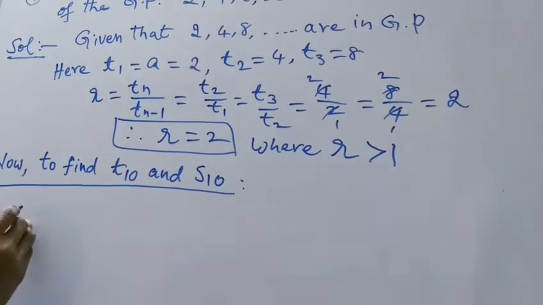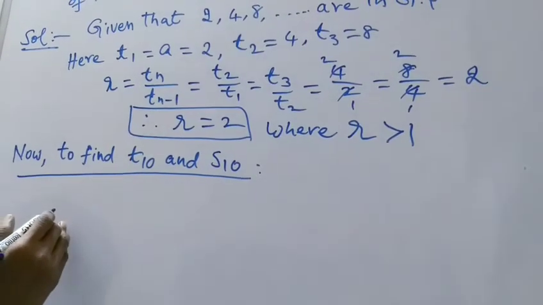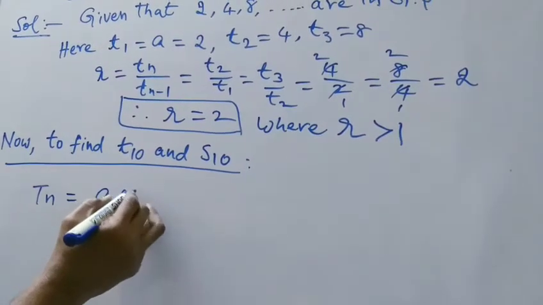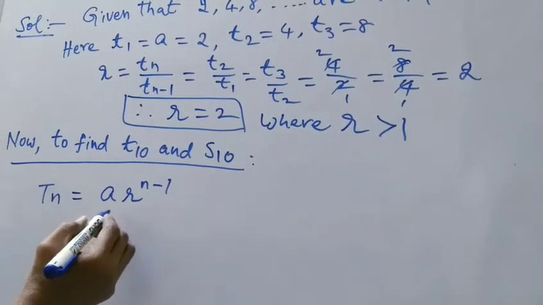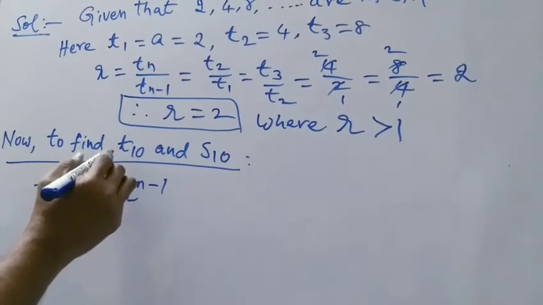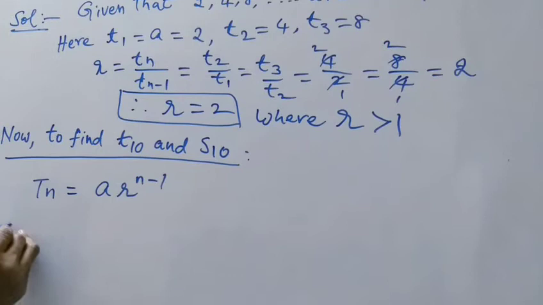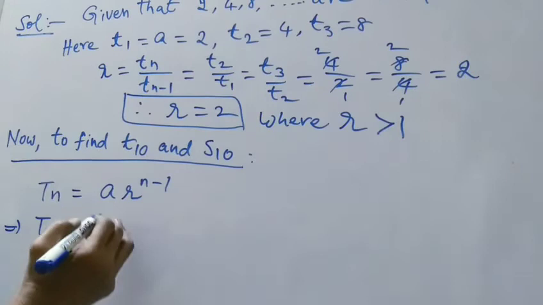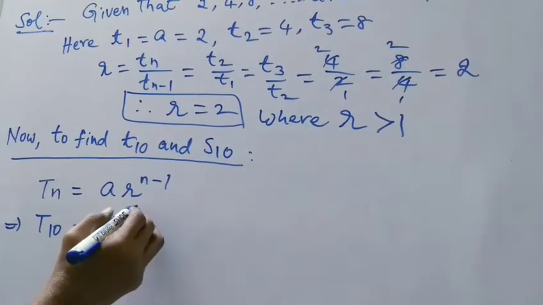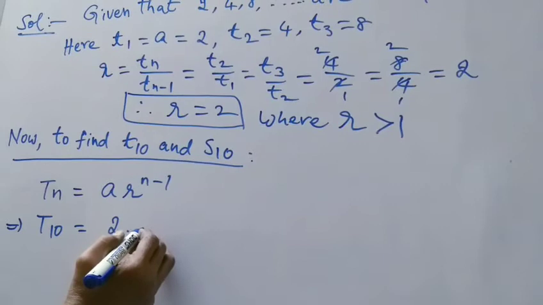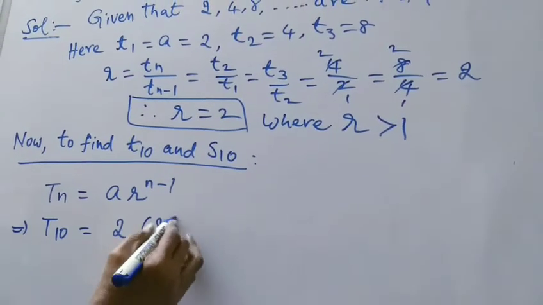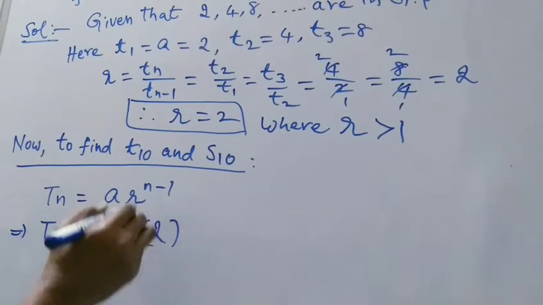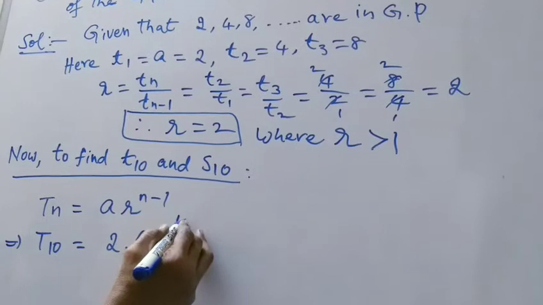Already known by us, in the geometric progression the nth term is Tn is equal to a into r to the power of n minus 1. Here we need to find the 10th term. T10 is equal to a, the first term, which is 2, into common ratio r, also 2, to the power of n minus 1, where n is 10.